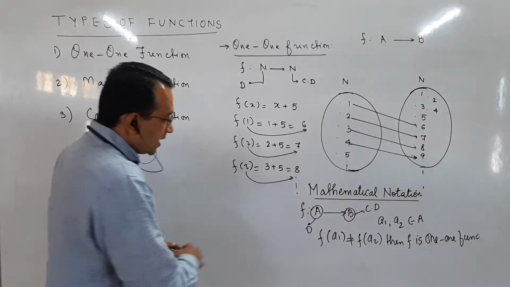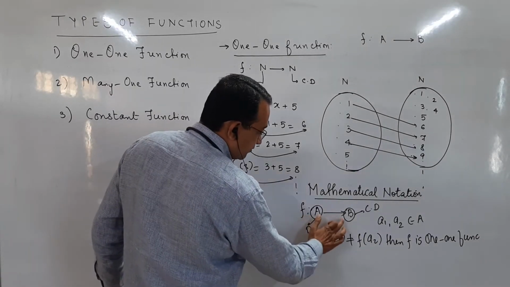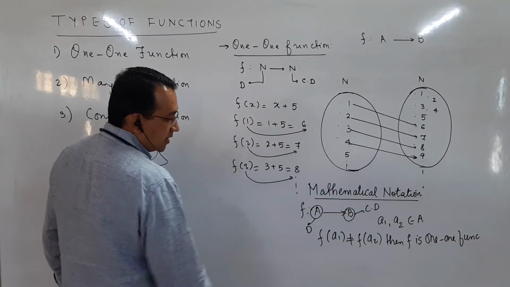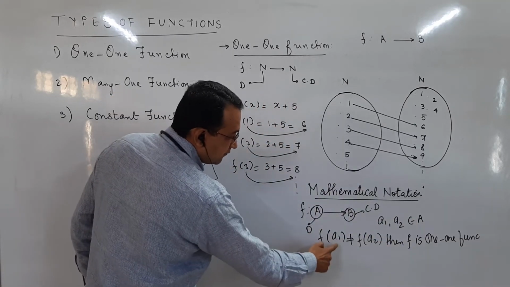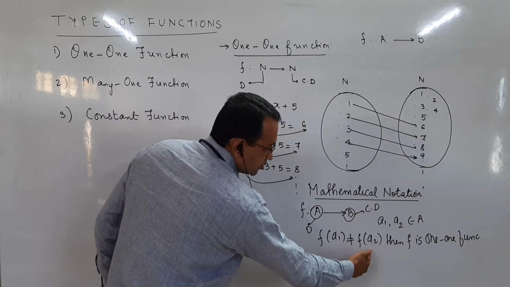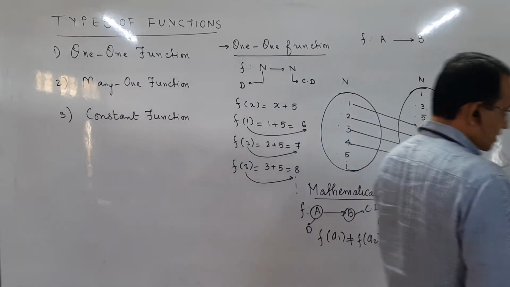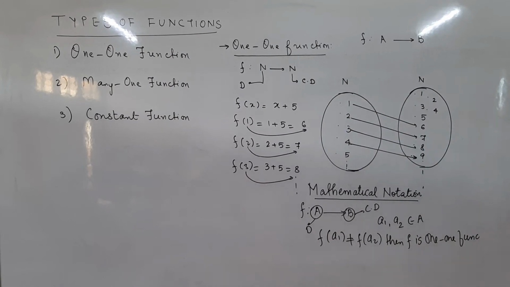Once again, f is a function defined from A to B. a1 and a2 are any two elements of the domain. If f of a1, meaning the image of a1, is not equal to the image of a2, then f is a one-one function. This is a diagram of a one-one function, students, which I have shown.